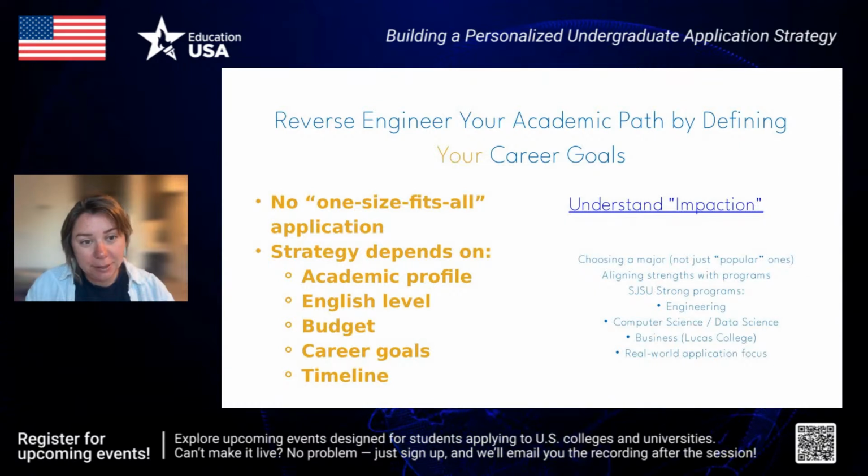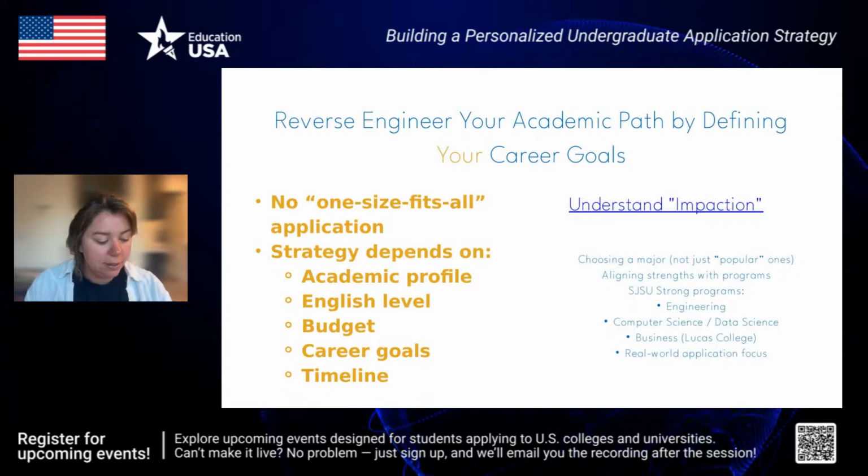Okay, so that's the first 2 steps that I would say are important in trying to understand what your goals are. So when you're thinking about where you want to study, of course, you have to think about your career goals. And if you're anything like me, maybe you don't know what your career goals are and you just really love something.